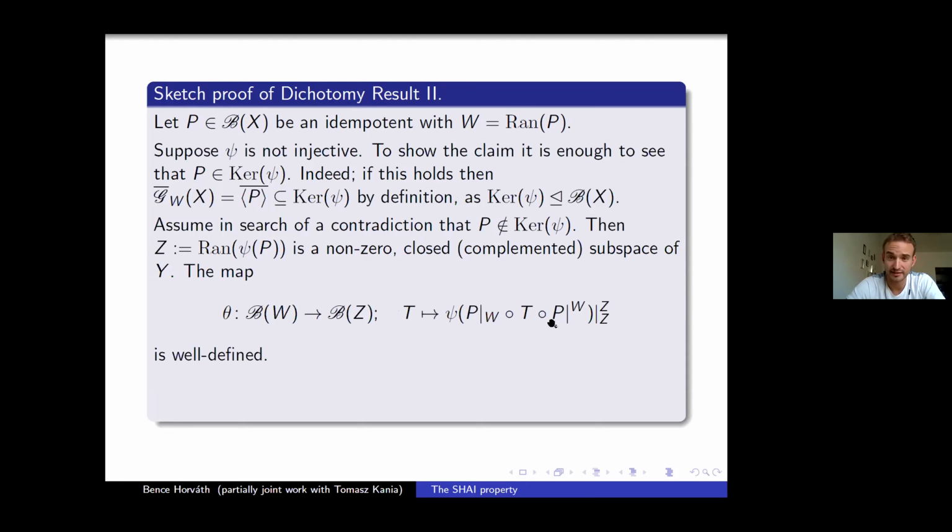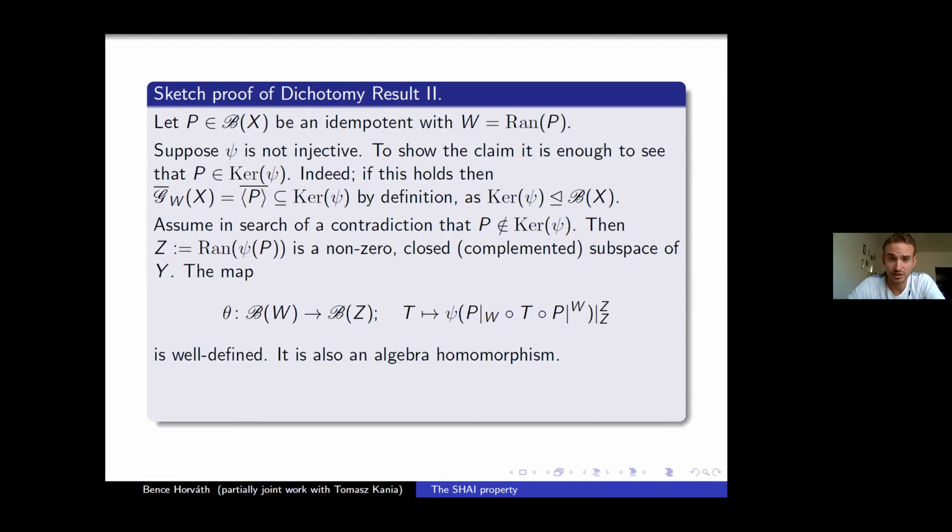Here, this means that I consider the projection going from X, but I restrict it to its range, W. And here, I restrict to the range and consider it as a map into X. So I can take the psi of this, and then I can restrict it to the range. So this is a well-defined map.